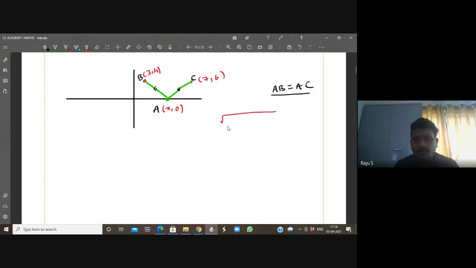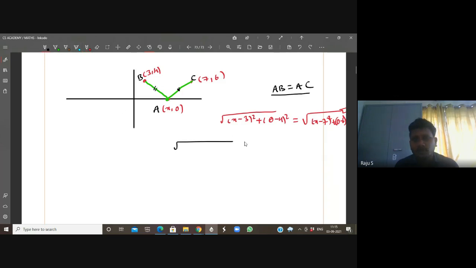Root over AB: x minus 3 the whole square plus 0 minus 4 the whole square is equal to x minus 7 the whole square plus 0 minus 6 the whole square.